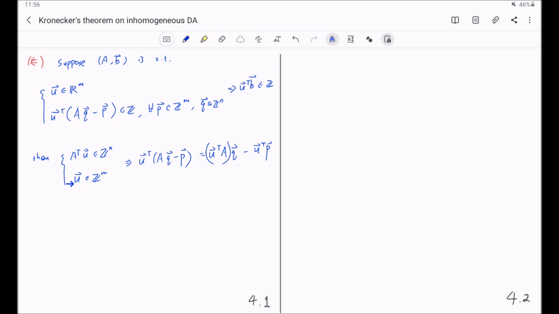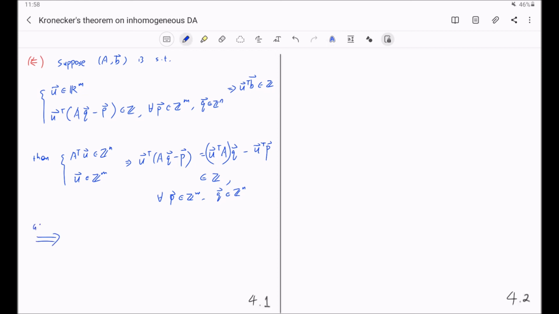And u is also assumed to be an integer valued vector. So this part is also integer valued. So the whole thing is an integer whenever p is in Zm and q is in Zn. Now, this hypothesis is satisfied. So by our assumption we get u transpose b is an integer.